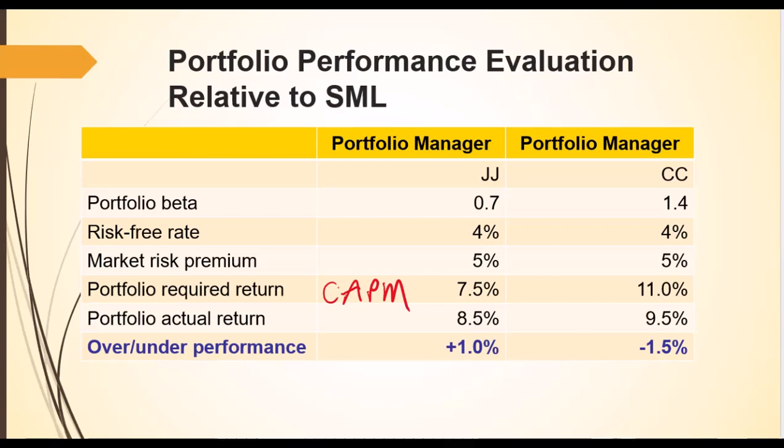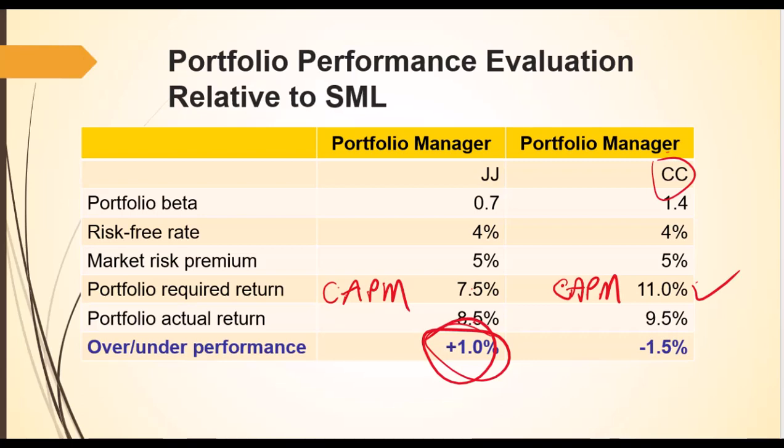Based on the capital asset pricing model, the portfolio manager for CC should have earned 11%. Now, in actual returns, when we look at the actual portfolio, JJ earned 8.5, but he only expected 7.5. So he overperformed. He performed better than the capital asset pricing model said he should have.